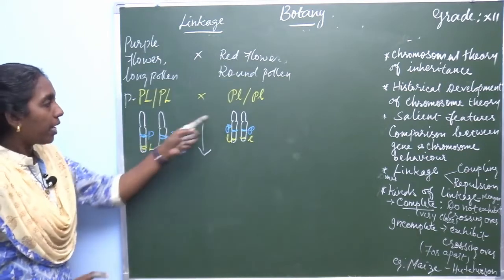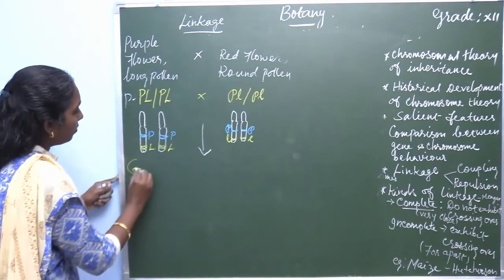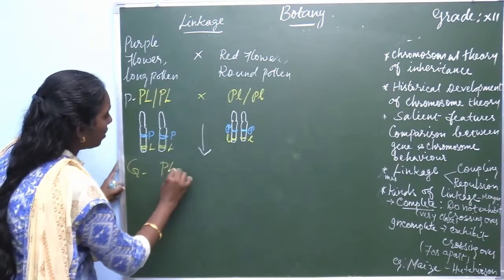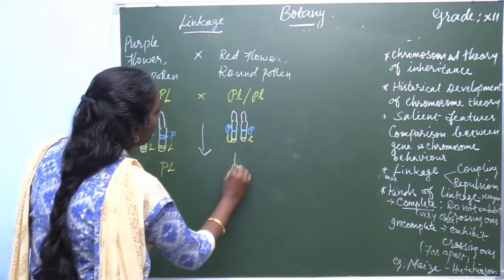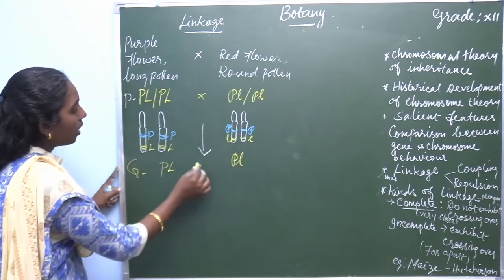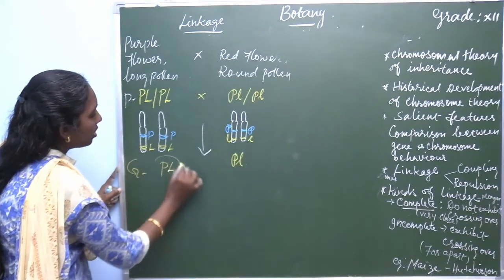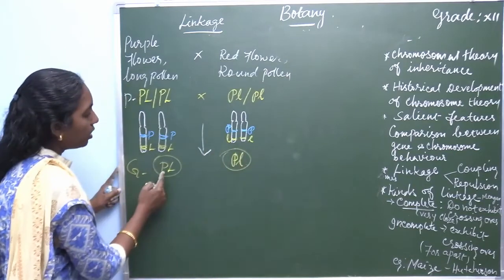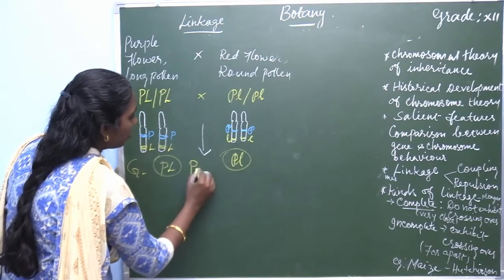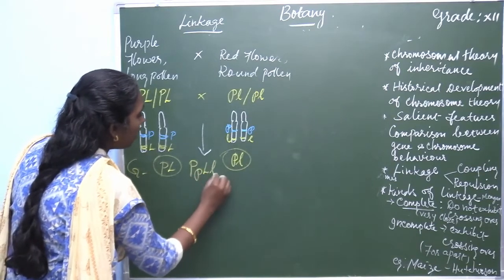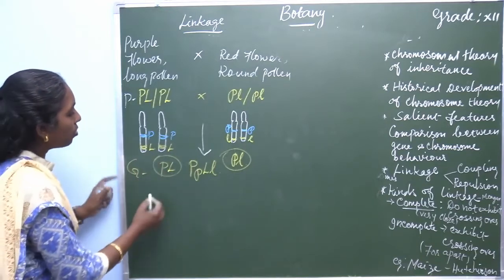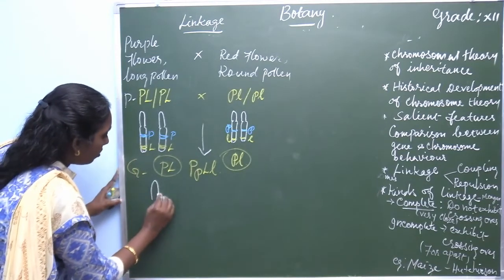This is the parent and the gametes: here capital P, capital L, here small p, small l. So in the F1 generation, it gives capital P, capital L, small p, small l. In the chromosomal form, you draw like this.